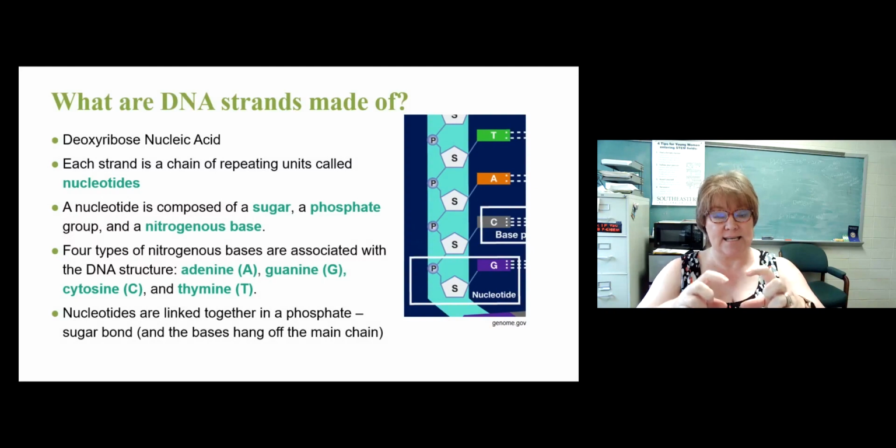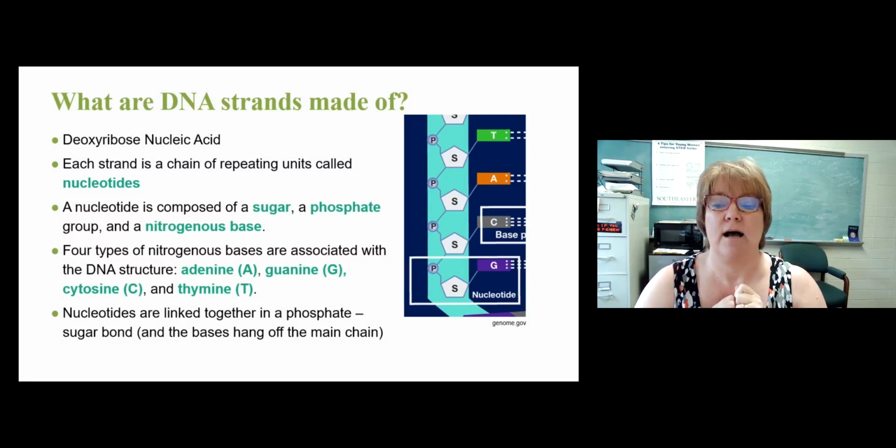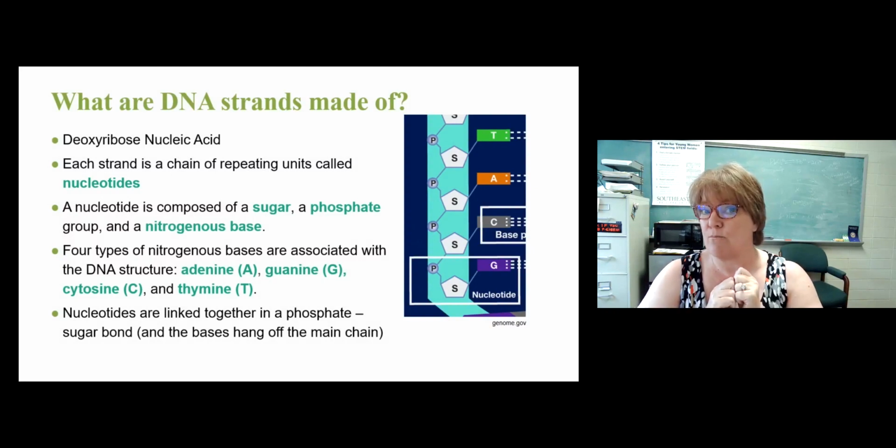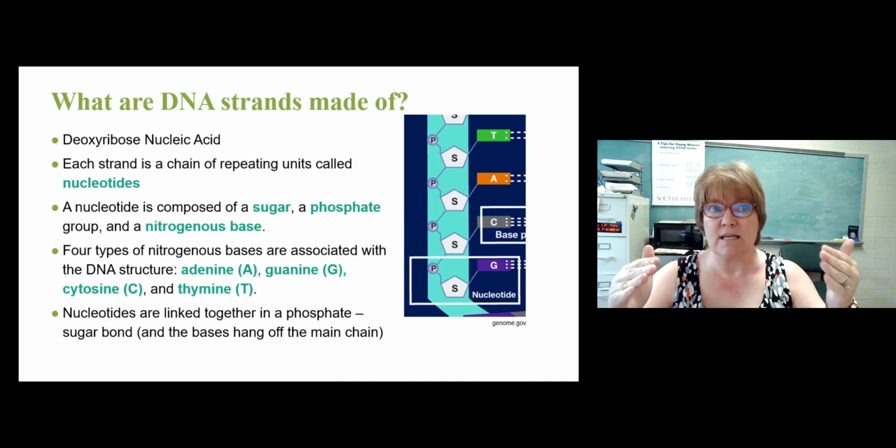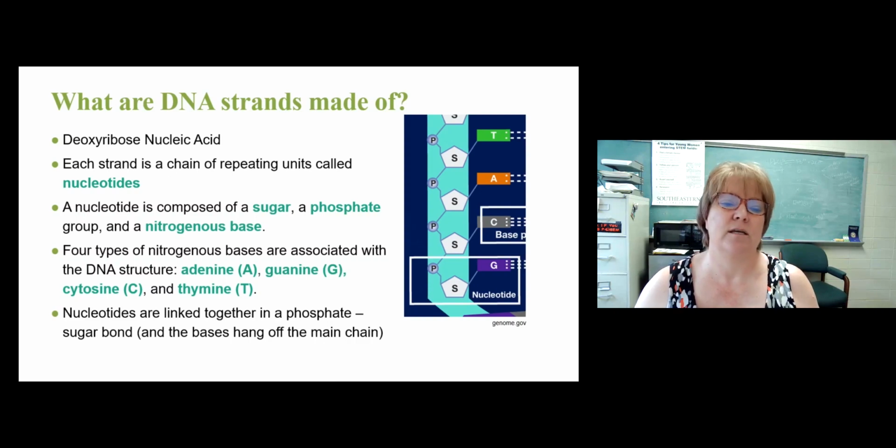Let's look at that DNA strand specifically. It's made of repeating units called nucleotides. Each nucleotide has 3 components to it. Each nucleotide consists of a sugar and a phosphate and then a nitrogenous base.